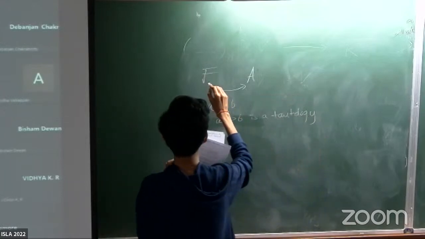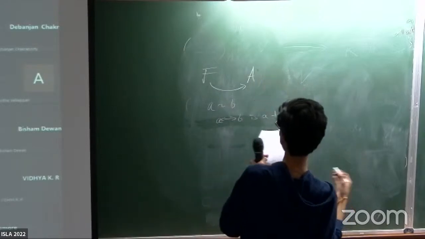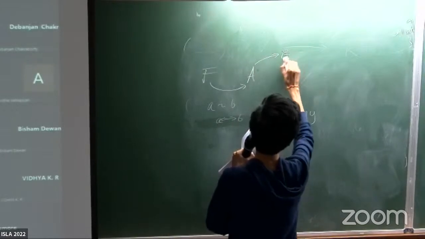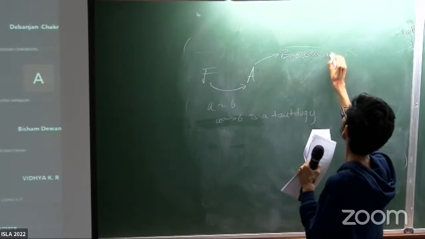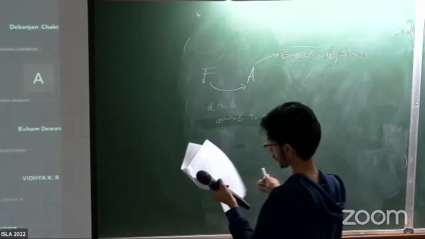So from the set of well-formed formulas, we move to an equivalence class of logically equivalent formulas, and we observe that this forms a Boolean algebra. So this gives rise to a Boolean algebra.